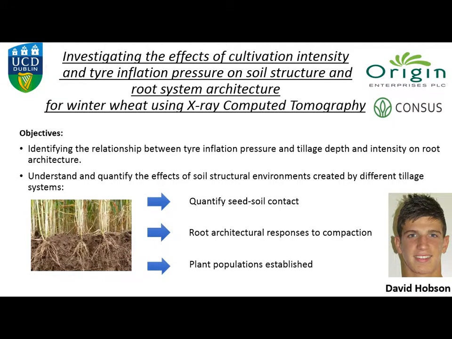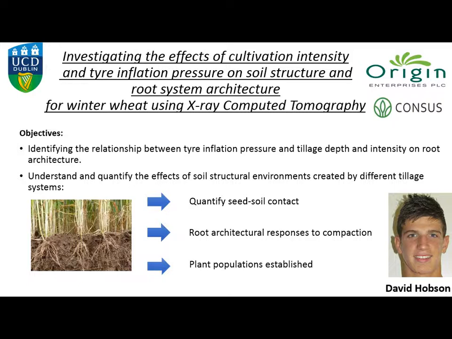So David's project is looking at the effect of cultivation and tire inflation pressure on soil structure and root system architecture. So he'll be looking at the relationship between those two. Again, he'll be taking CT cores to look at root-soil interactions, seed-to-soil contact.